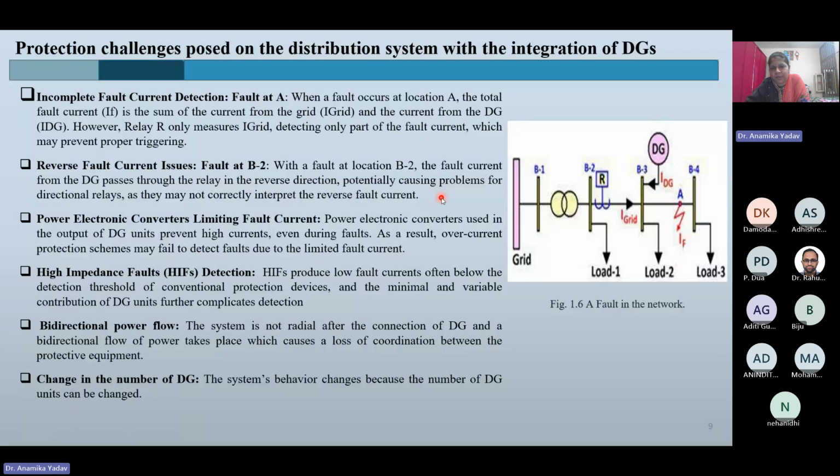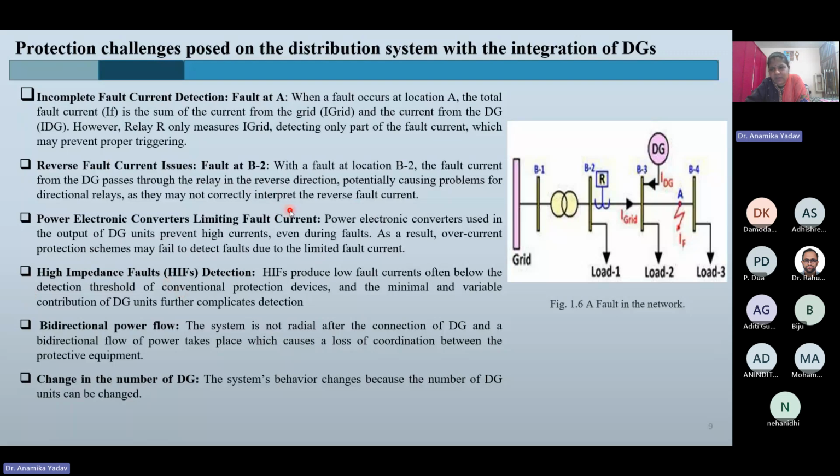Particularly the earlier systems, the distribution systems in particular, were radial systems, but with the integration of DGs the system is no more a radial system. So the conventional protection schemes will maloperate in this condition. Then the different DGs that we are integrating use power converter circuits.